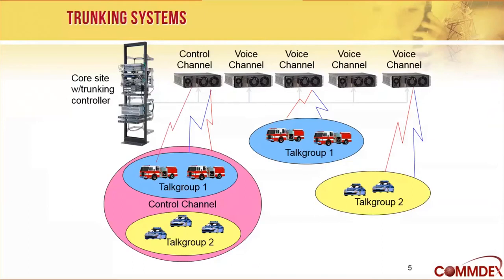So when he first pushes the push-to-talk button on his microphone, before he even says a word, a digital signal goes up on the control channel and says, I'm fire talk group 1 and I want to make a talk group call. So that goes in on the control channel.